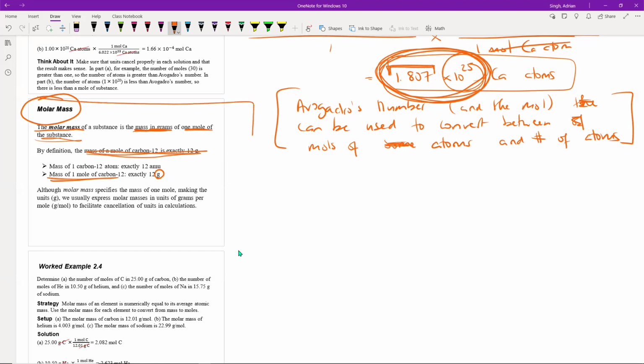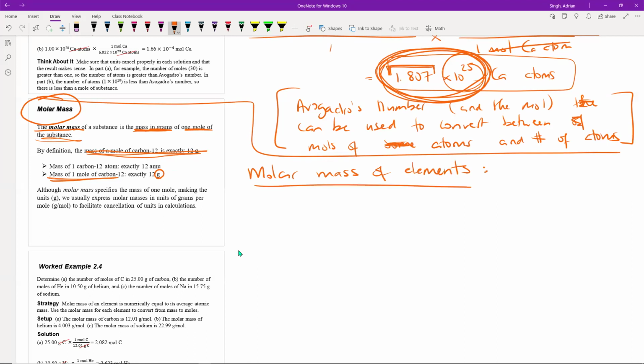So if I take a look now at the molar masses of our elements, what I can use is simply the periodic table to determine these.